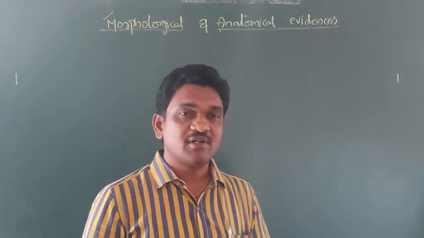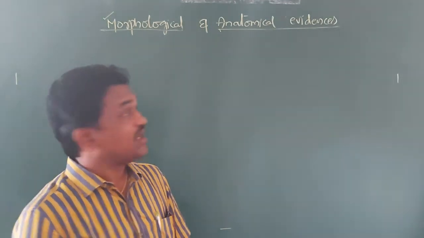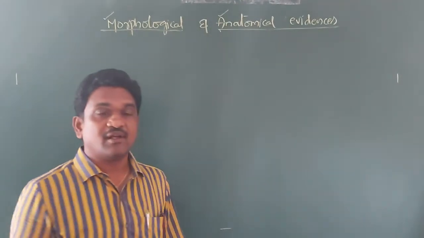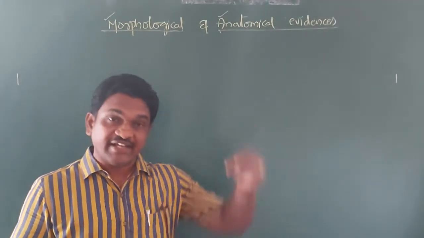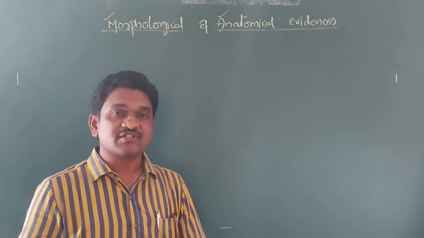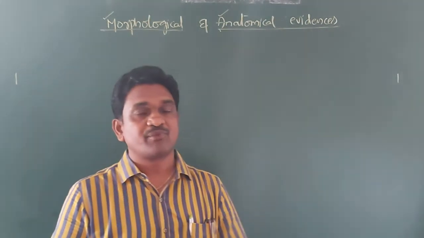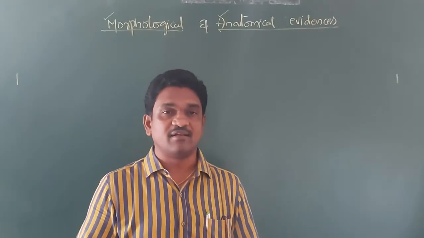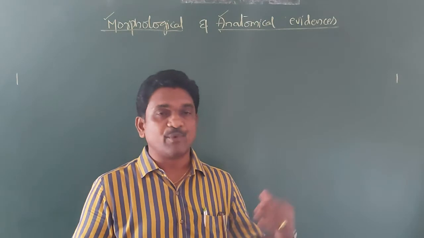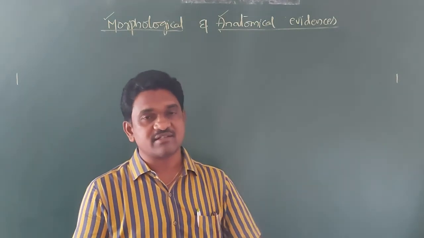Whereas anatomy refers to the study of structure and arrangement of internal organs of the body. Under these evidences, we explain whether organisms of today possess common ancestry or not. Okay, let's start this.